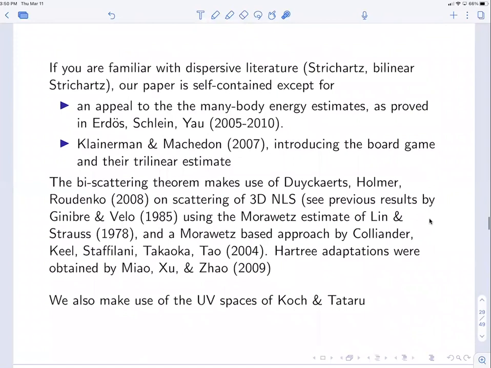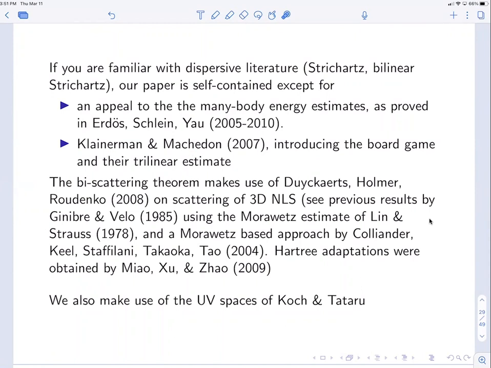So if you're familiar with dispersive literature, and that happens to be your background, so you know all about Strichartz estimates and bilinear Strichartz estimates, then our paper ends up being self-contained, not appealing to many of the many-body results, except that we do appeal to the many-body energy estimates as were proved in Erdős, Schlein, and Yau, but otherwise do not use their methods.